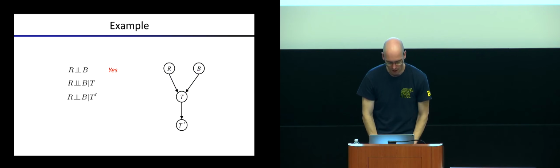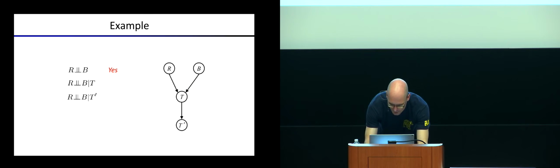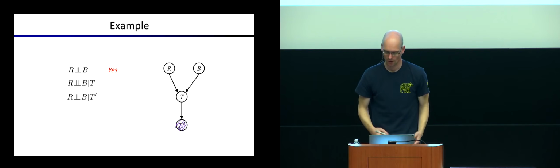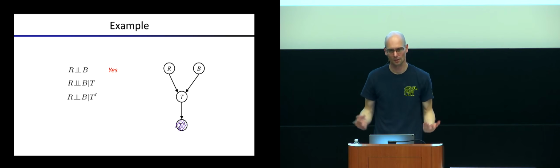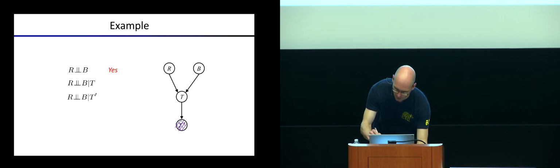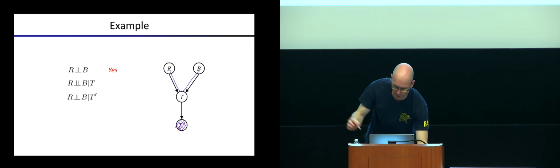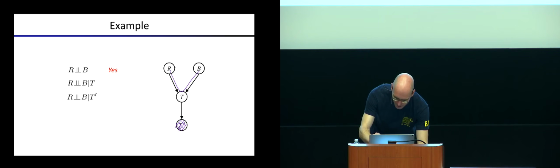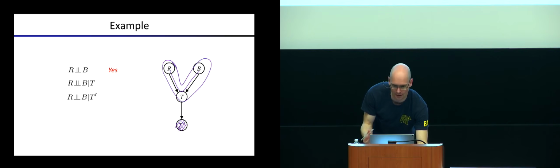How about R and B given T prime, which lives at the bottom here? Well, let's go through the same procedure again. It's actually very mechanical and fairly straightforward. We look at all paths from R to B. Only one path. We look at the triples along the path. Only one triple. Is this triple active or inactive?